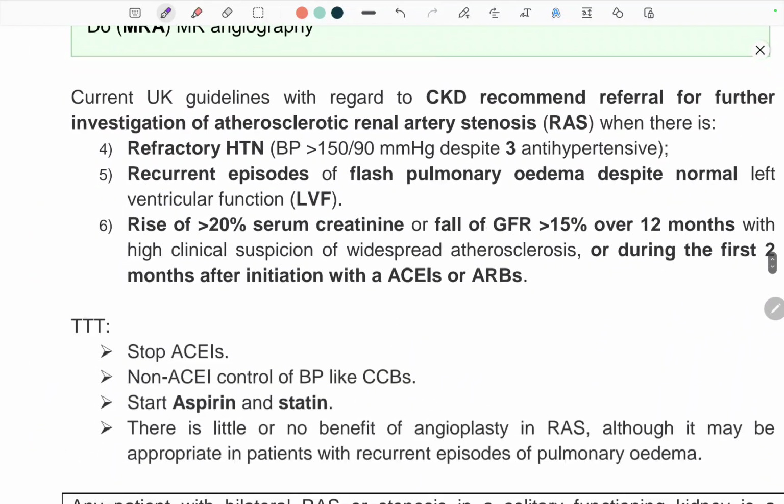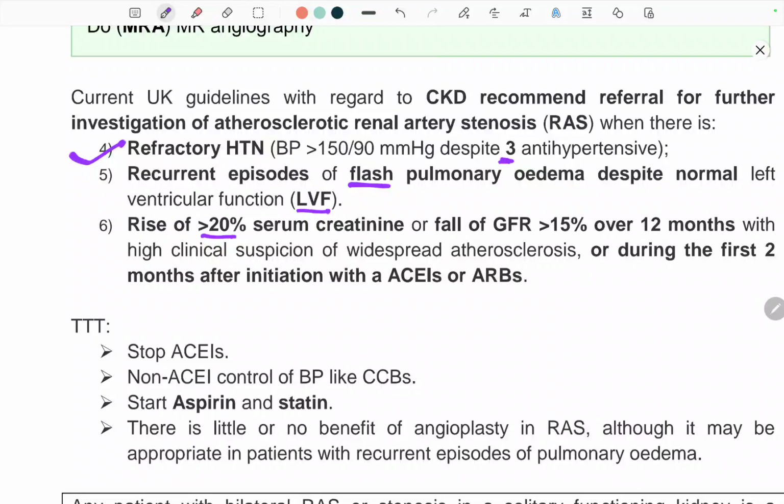Current UK guidelines with regard to CKD recommend referral for further investigation of atherosclerotic renal artery stenosis when there is refractory hypertension, BP more than 150/90 despite three antihypertensives, recurrent episodes of flash pulmonary edema despite normal left ventricular function, a rise of 20% in serum creatinine or a fall of GFR of more than 15% over 12 months with high clinical suspicion of widespread atherosclerosis, during the first 2 months after initiation of ACE inhibitors or ARBs.